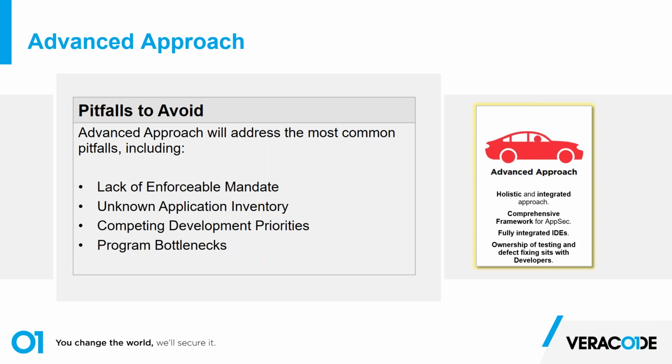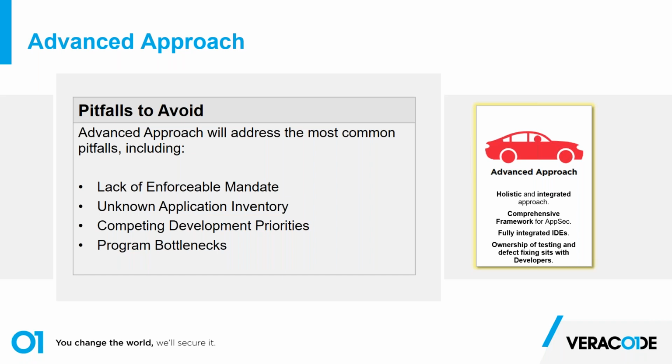Second, unknown application inventory has held up security programs from growing for years because teams don't know how many apps they have. And it causes them to underfund programs because they might only plan to scan 50 apps or 300 apps, but you find that you have 700 or 1,100.